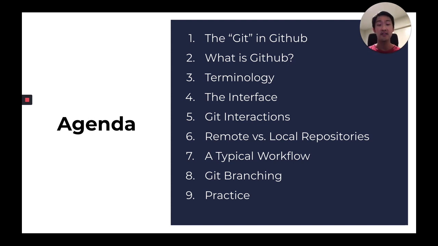Then I'll go over the difference between remote versus local repositories. Following that, I'll go over a typical workflow that you use with Git and GitHub. And then a bit more of an advanced topic that I'll touch on throughout the slides, and that is Git branching. Then I'll mention some pretty great resources for you to use to practice everything that you learned in this video.